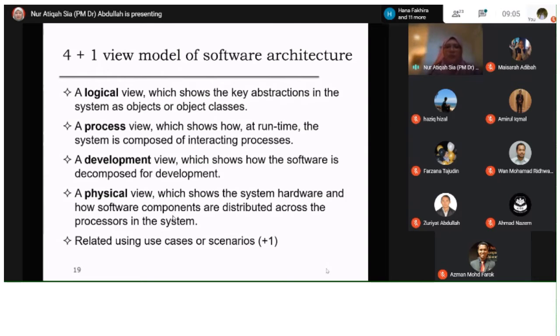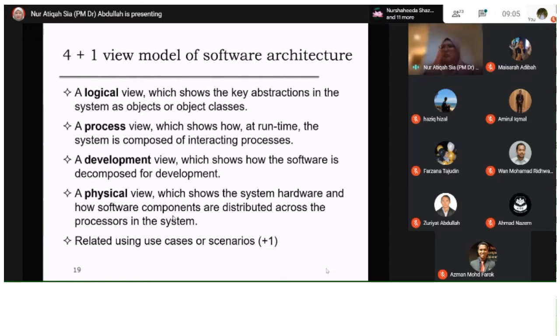And then the physical view is going to show what type of hardware and software is going to be used, how you're going to distribute it, how the shared data is located and so on. How it's going to be secured for the whole system. Benda-benda macam ni adalah physical view.